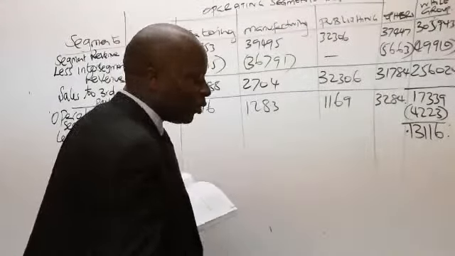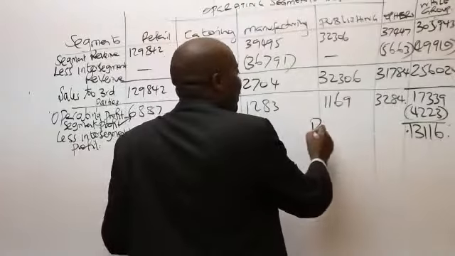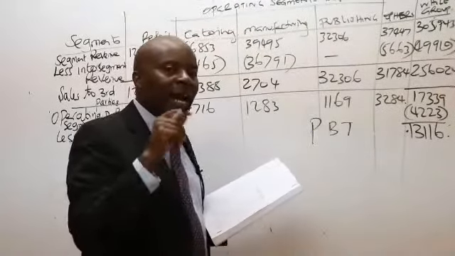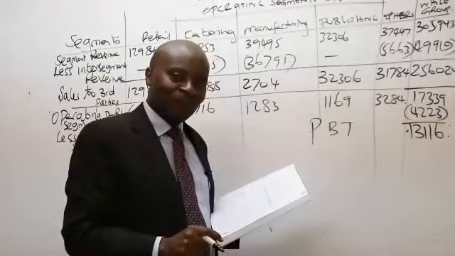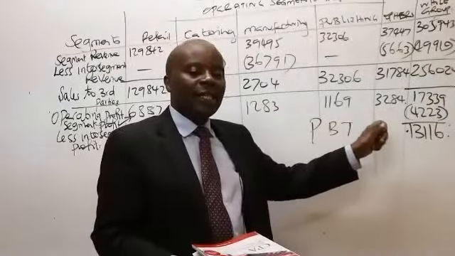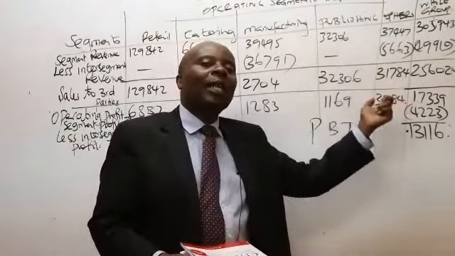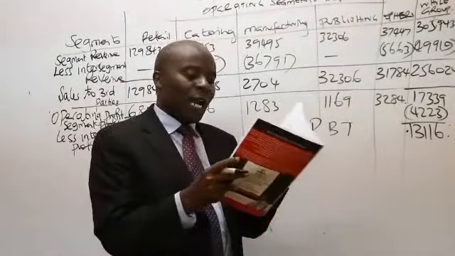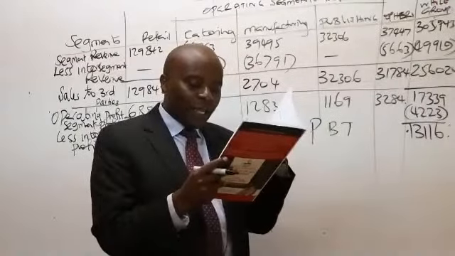And that is the end of this particular section. Once I get profit before tax, I can't bring in any other issue, because already the interest has been factored out and eliminated somewhere.